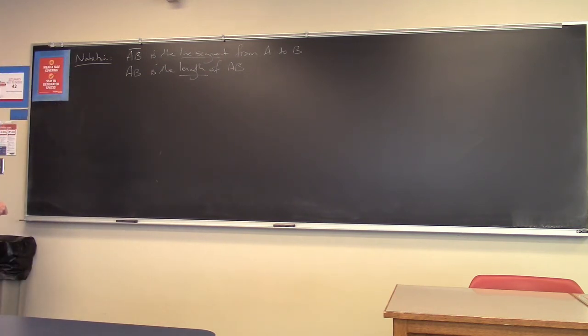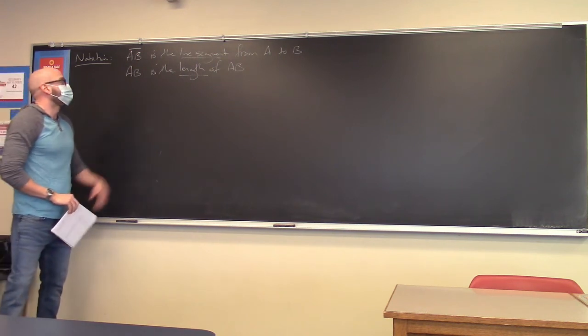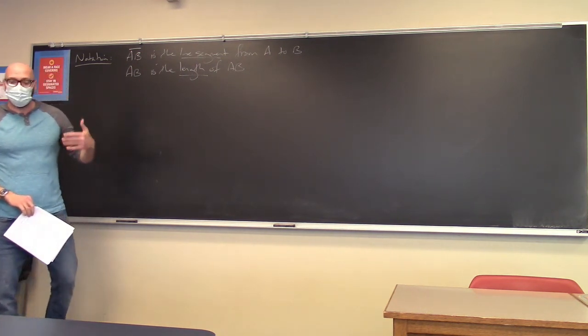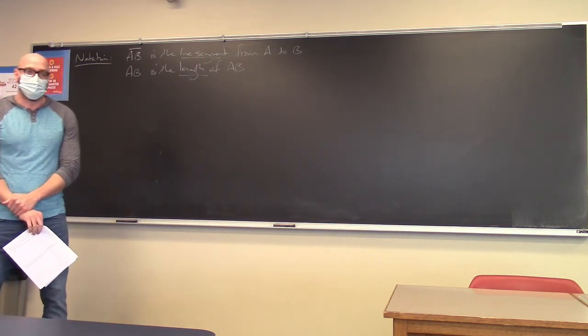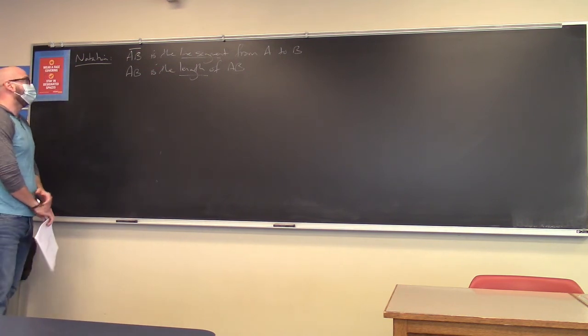So that's the notation I'll be using to distinguish between these things. Again, contextually, if you just use AB everywhere with no line, it's usually pretty clear from the context which one you're talking about if you get a bit lazy.